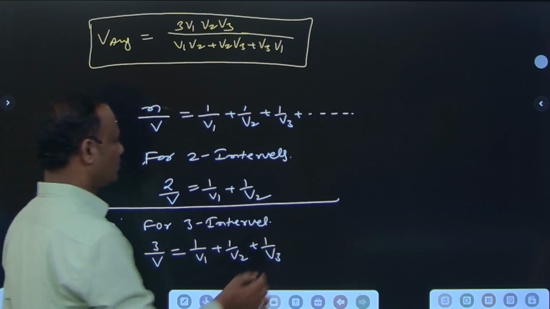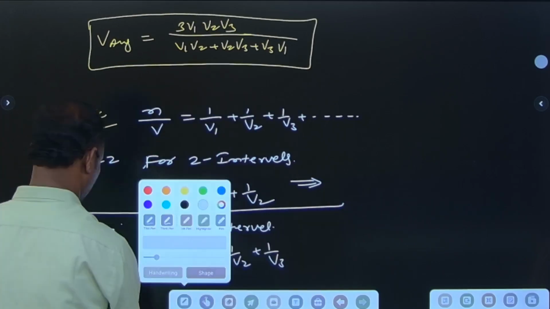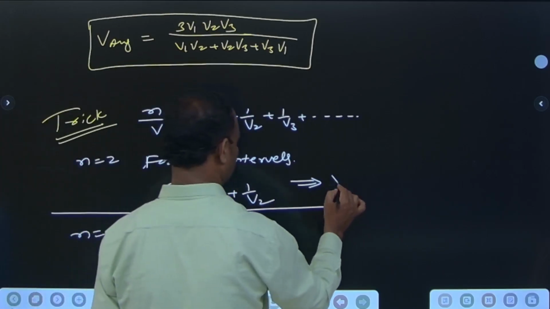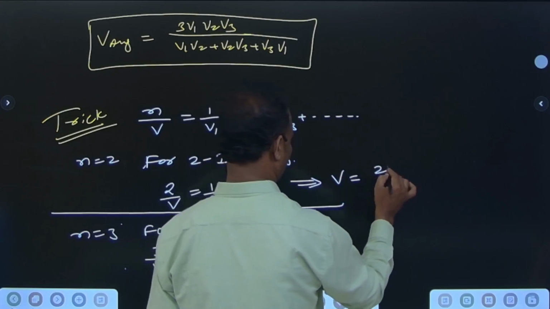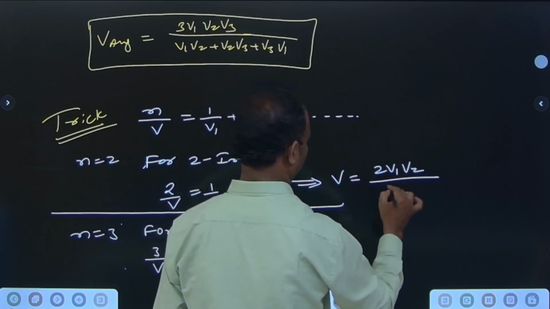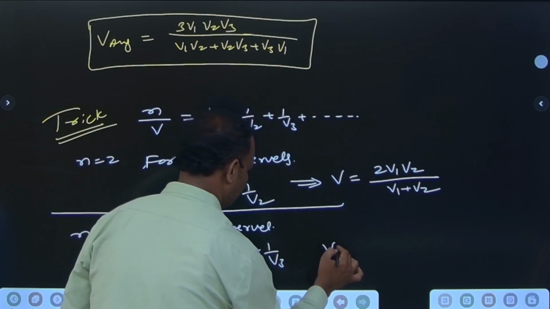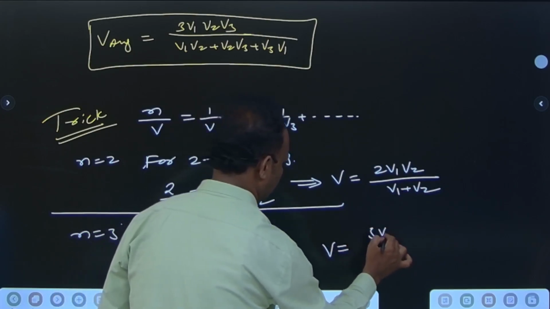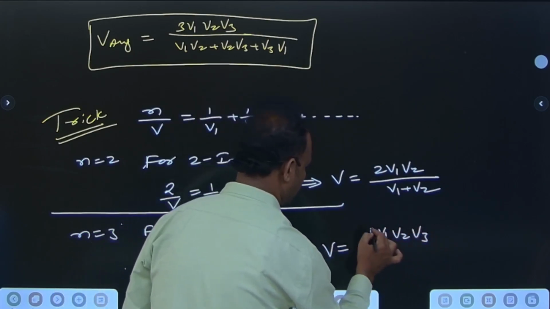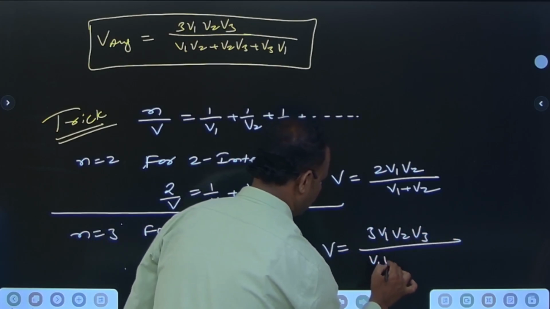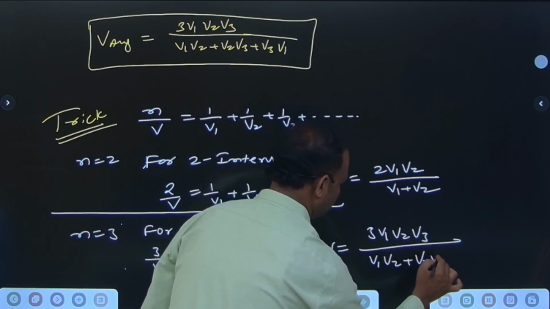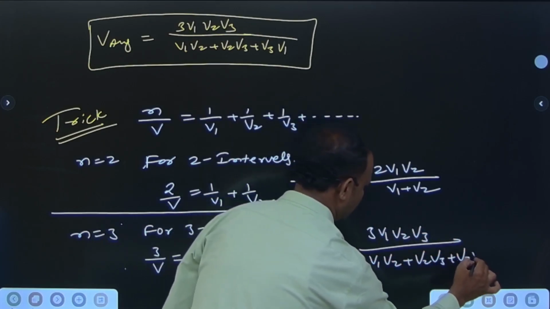If you go for simplification, for 2 intervals V is equal to 2 V1 V2 by V1 plus V2. For 3 intervals, V is equal to 3 V1 V2 V3 by V1 V2 plus V2 V3 plus V3 V1.